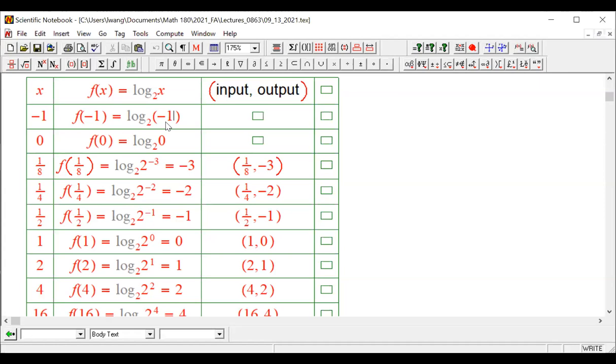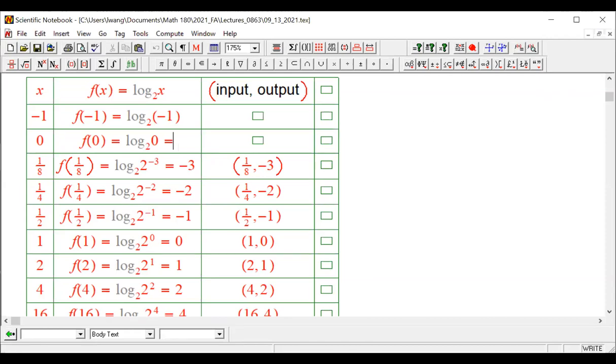This is the reason why we need to know the domain, Professor. Yep. Have you found a number such that 2 to the power of that number is going to give you 0? That's what you're looking for, right? We're trying to find a number, and 2 to the power of that number must be 0. That would be the answer.